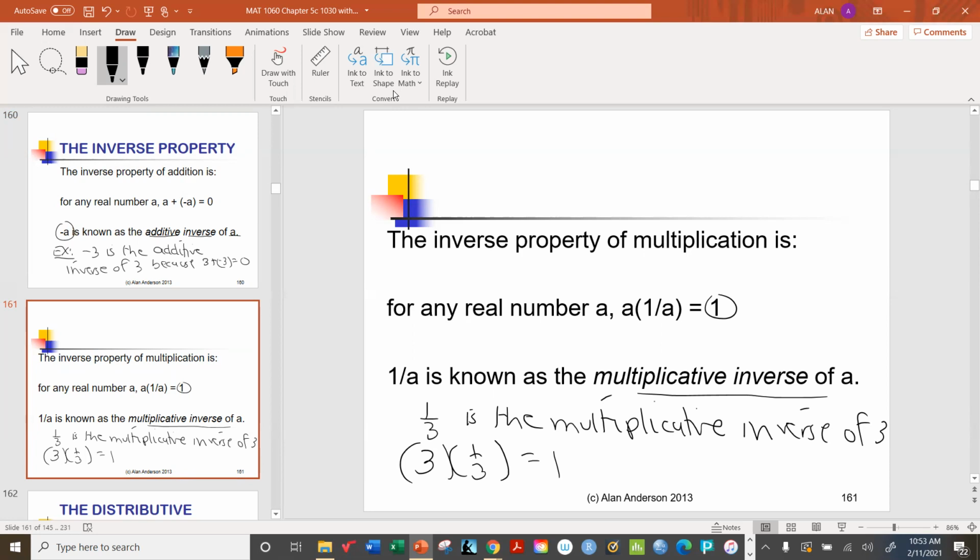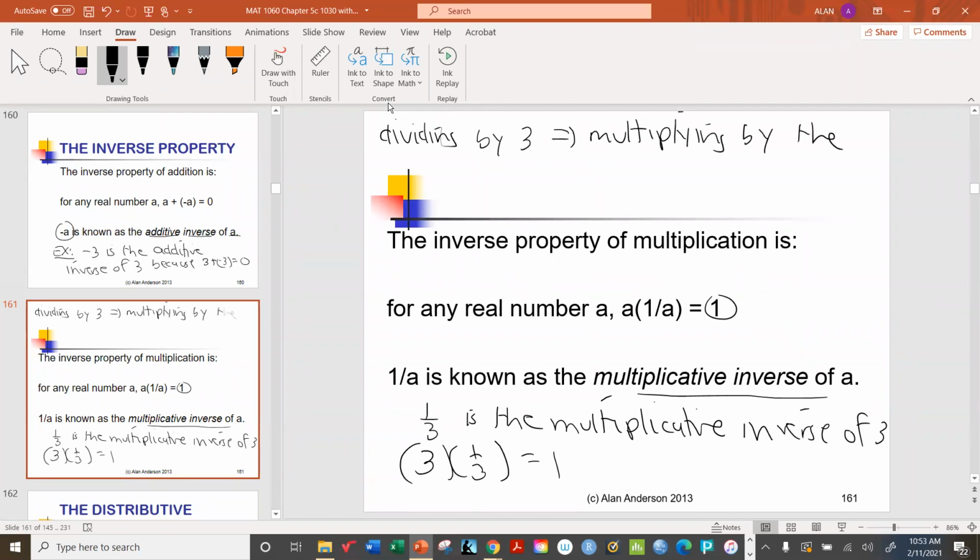And so they made the case in the video that dividing by 3 is really just the same thing as multiplying by the multiplicative inverse of 3.